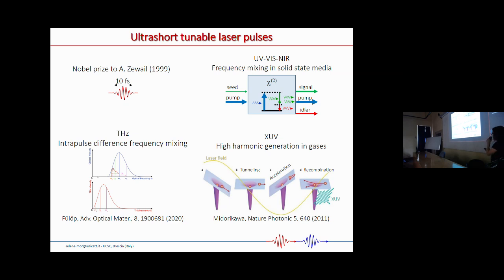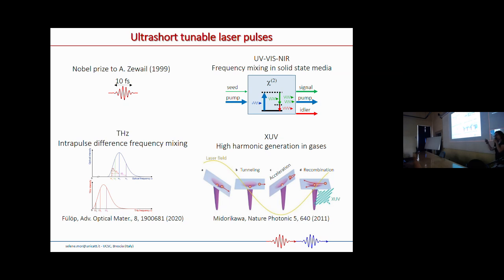The idea is that you can do different frequency mixing within the pulse. So it's an intra-pulse process where you can match two components of the pulse, take the difference, and this will end up in the terahertz regime. The resulting pulse will be of the same pulse duration as the incoming one, so you really preserve the short pulse duration of the incoming pulse.